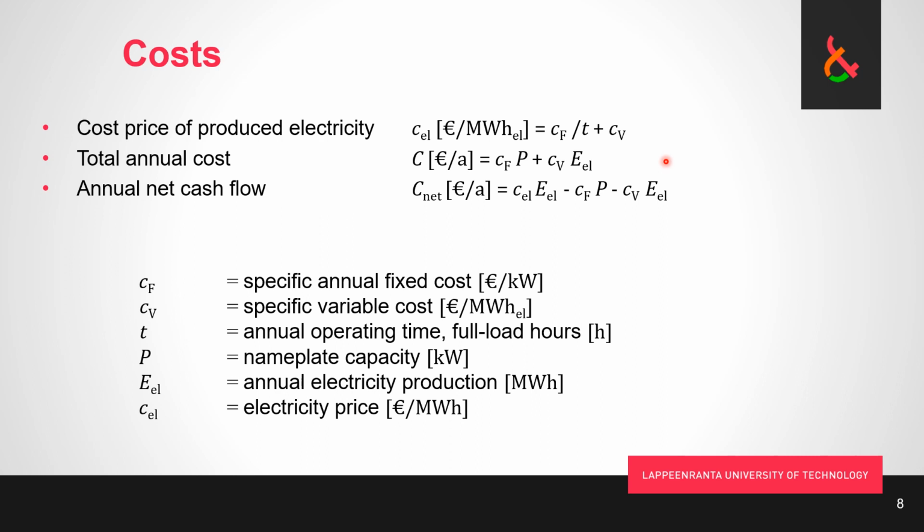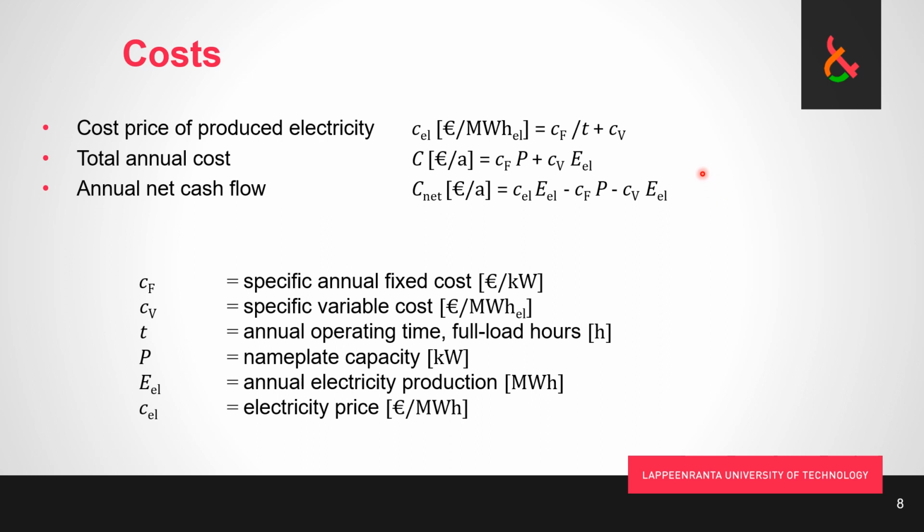And finally, what we might be interested in is the annual net cash flow. So then basically you start by calculating the total annual cost. So it's these two later terms here, and they have a minus sign because now you want to calculate the positive annual net cash flow into your bank account.